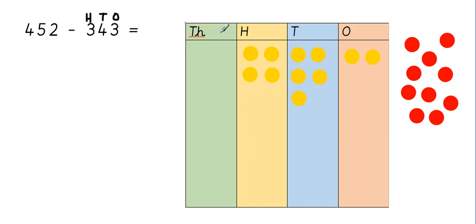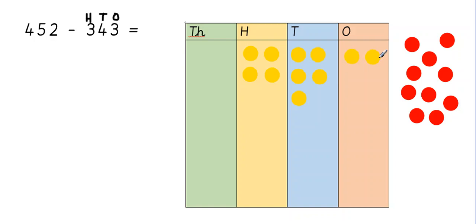Okay, right, so first of all we need to put this number into our place value. So we've got 452. So we've got 4 hundreds, go to our hundreds column, 1, 2, 3, 4, yep. We've got 5 tens, so move to our tens column, 1, 2, 3, 4, 5, yep. And we've got 2 ones, 1, 2, fantastic. Okay, so that is putting our place value correctly.